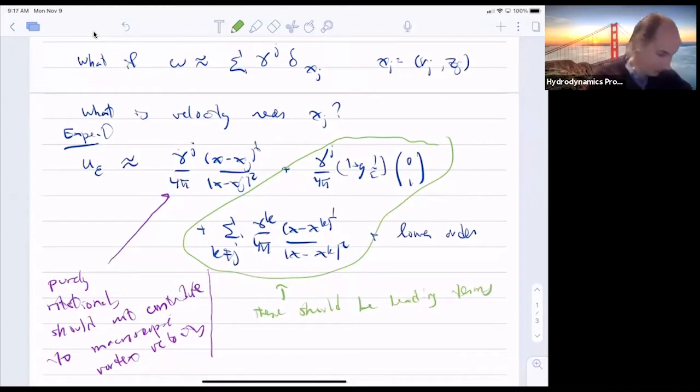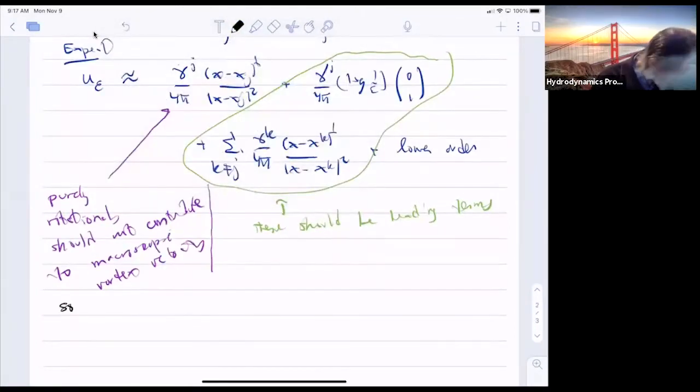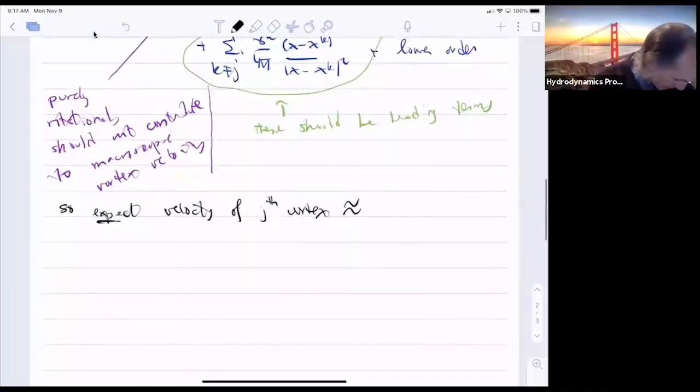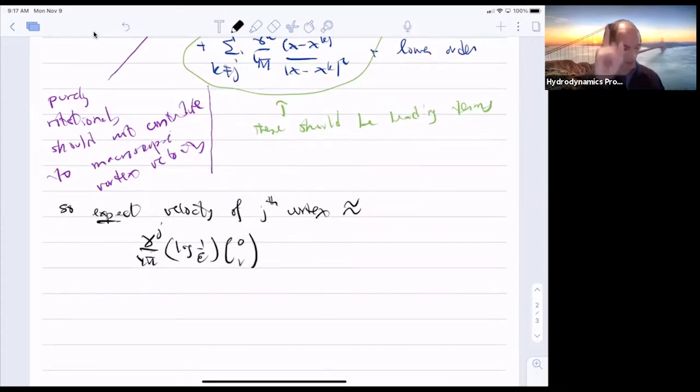Okay, and so we would guess that the velocity of the jth vortex should be roughly gamma j over 4 pi times log 1 over epsilon times a unit translation in the vertical direction.